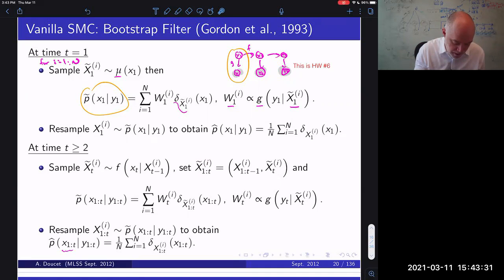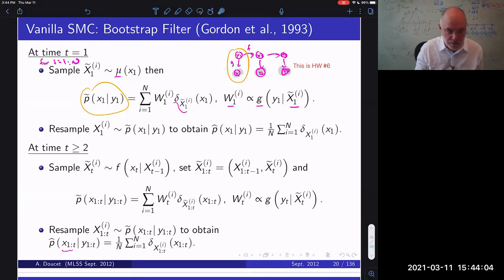Then we compute a weighted estimate of the posterior distribution of x1 to t given y1 to t by summing over a set of weighted particles where the weights correspond to the fractional weight. The update weight corresponds to weighting by the likelihood, which is just to accumulate this next likelihood term, and then normalizing. Okay, so this hides a normalization. So the unnormalized weight is just this, and then we sum over all the particles to get normalized weights.